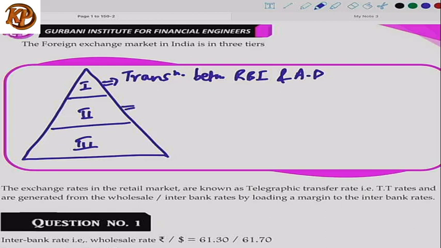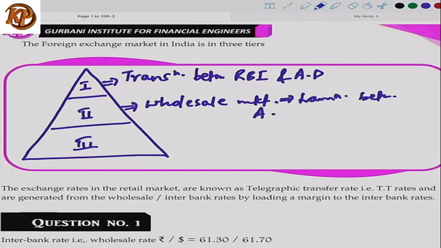Then we have the tier 2 market, which is more like a wholesale market. We have transactions between authorized dealers. It's a wholesale market where transactions take place between the authorized dealers.